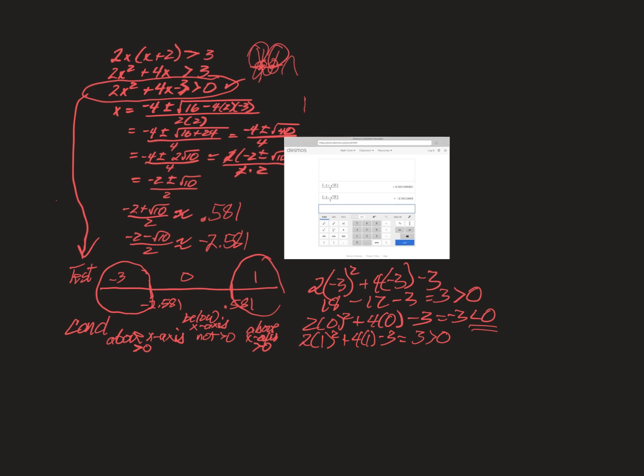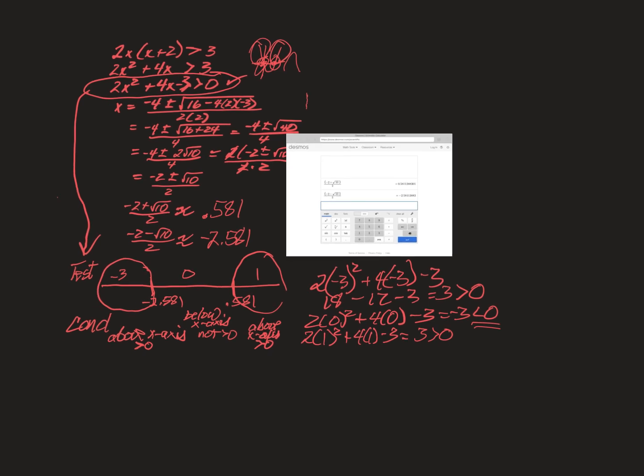So now, given all that work, I need to write my answer. My answer will be 2 intervals. So I'm going to do both intervals together. So I use union. It's this one and it's this one. And since we're on a number line, this is -infinity.